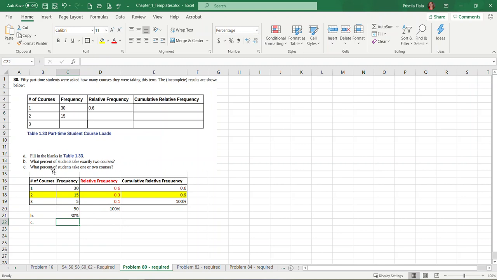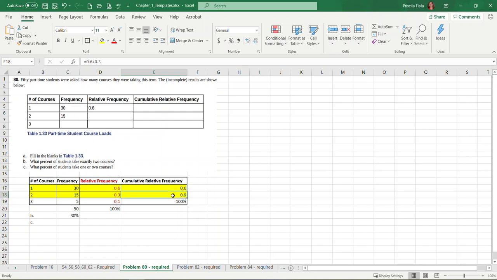Now the second one is asking what percent of students take 1 or 2 courses. Therefore, it's including both. If it's including both, we're talking about a cumulative. So if it's talking about 1 course and 2 courses, and it's talking about more than one value, it's a cumulative, so we're going to go with the second one. We don't need to get the first one.